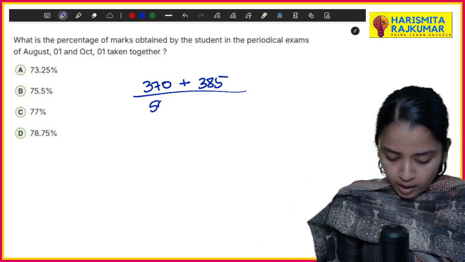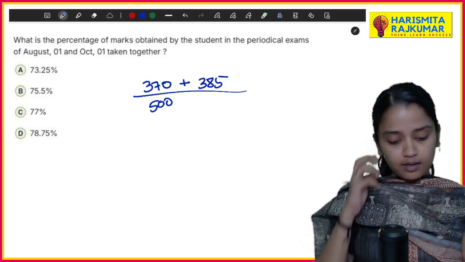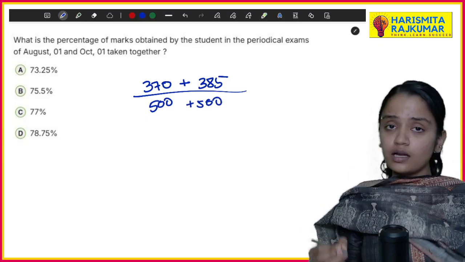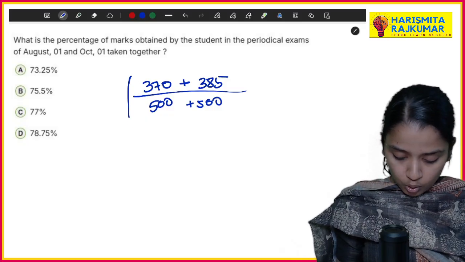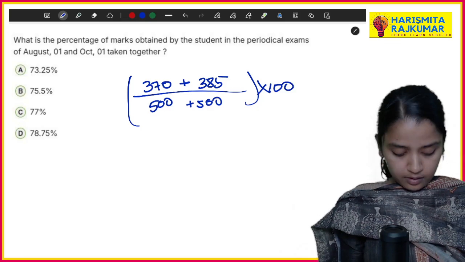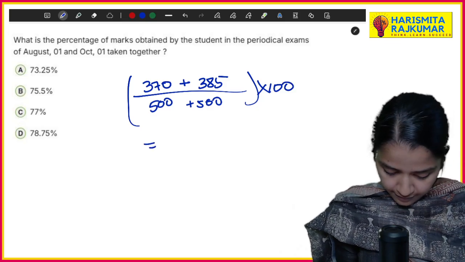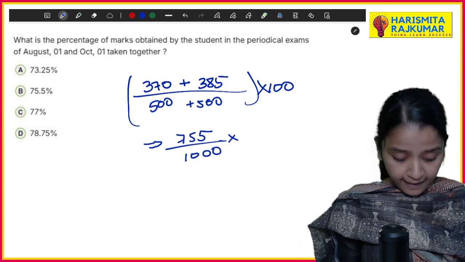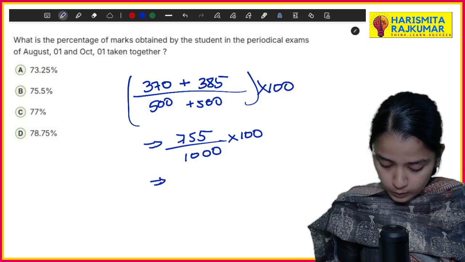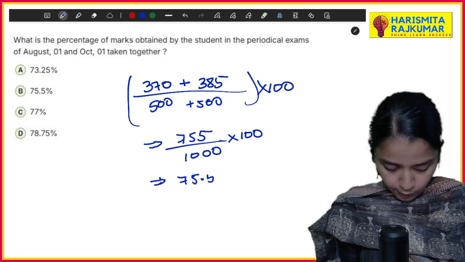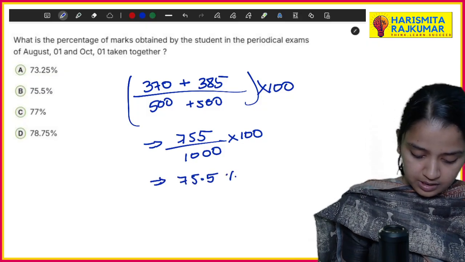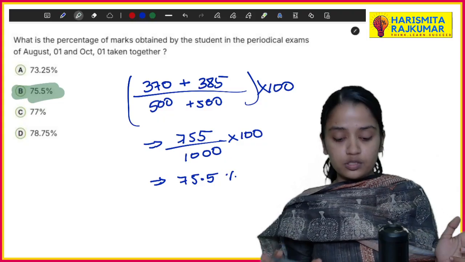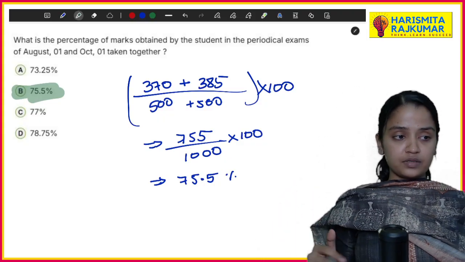Out of 500 in August he scored 370, out of 500 in October he scored 385. So 755 by 1000 into 100, so you will be having 75.5 percentage.